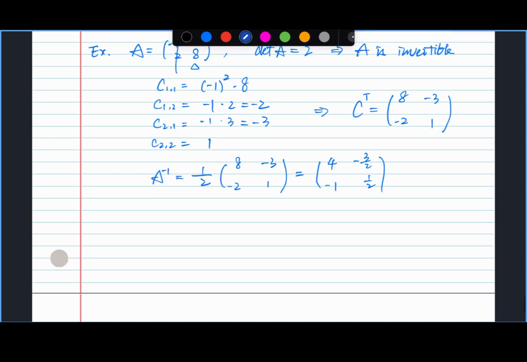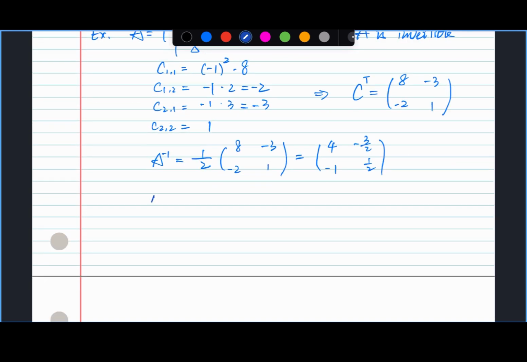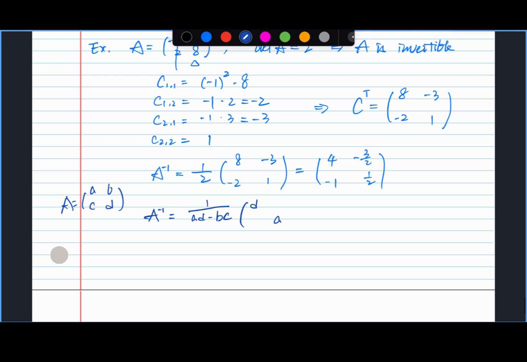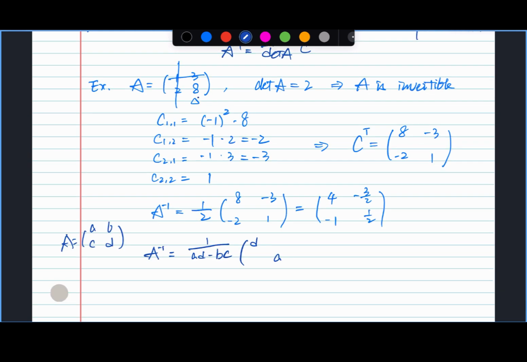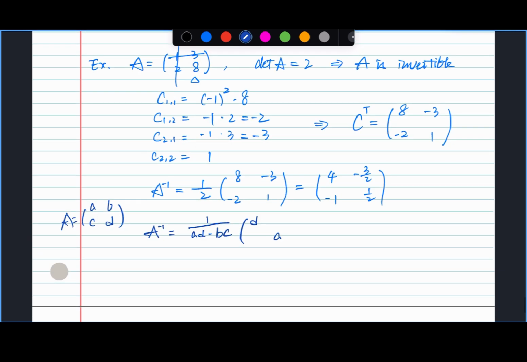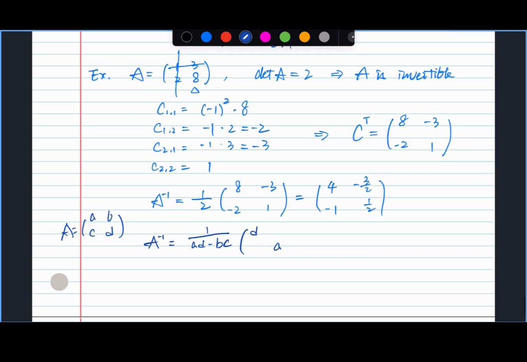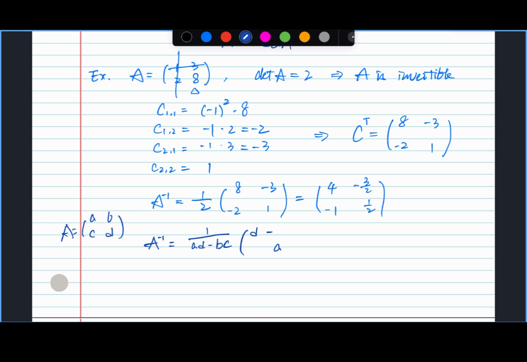And we can actually conclude that in the 2 by 2 case, A inverse equals, we know the determinant is AD minus BC if A is ABCD, multiplied by the matrix where D and A are flipped, because at the A place the determinant is D, and at the D place the determinant is A. And the BC is also flipped, but with a negative sign.